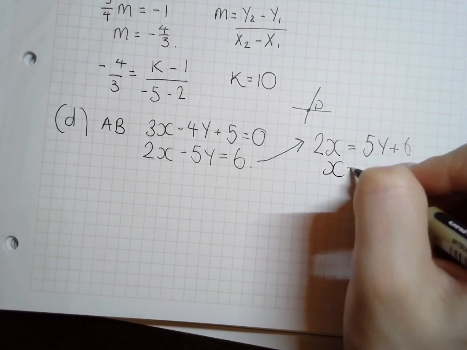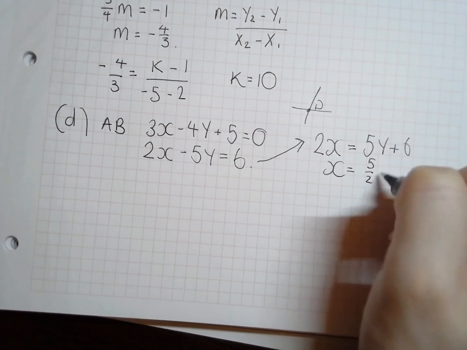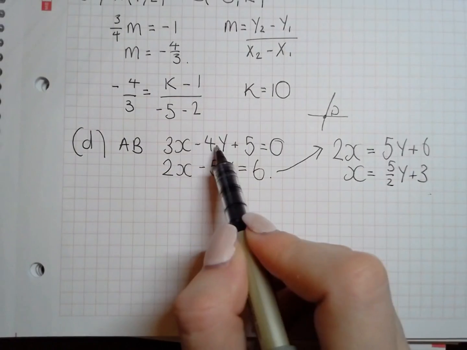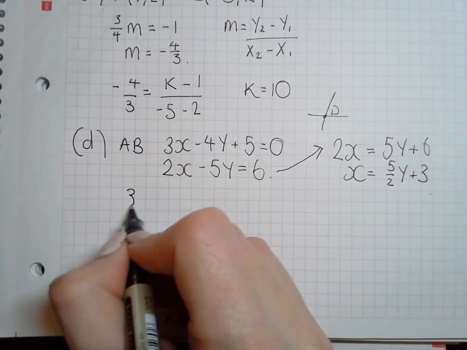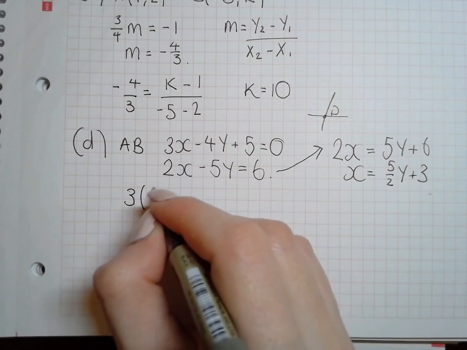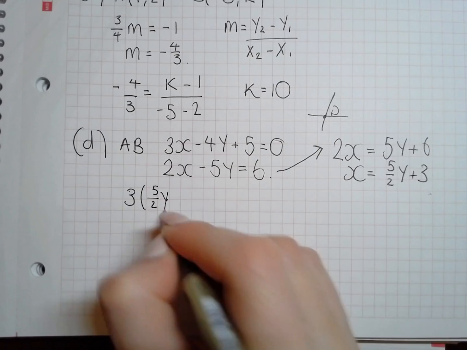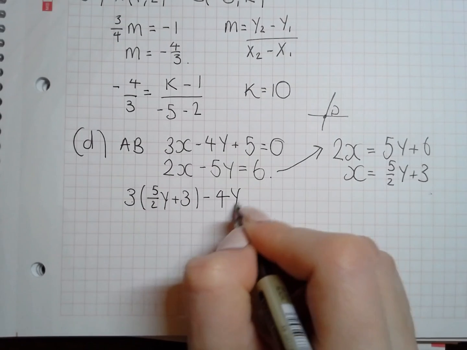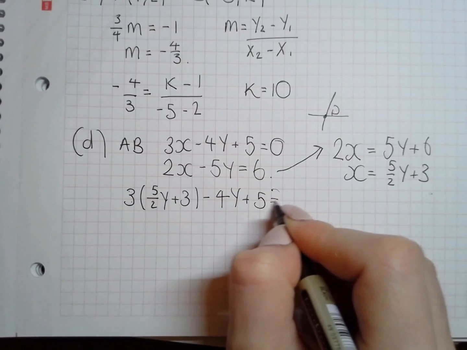So x equals 5 over 2 y plus 3. And then subbing our value of x into the first equation, we're going to get 3 times (5 over 2 y plus 3) minus 4y plus 5 equals 0.